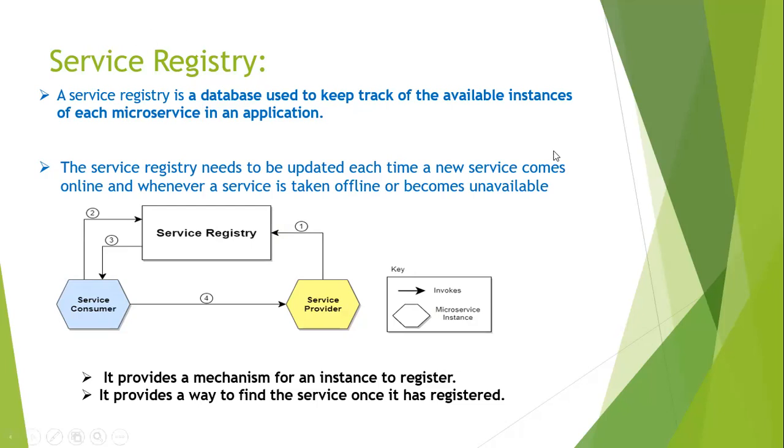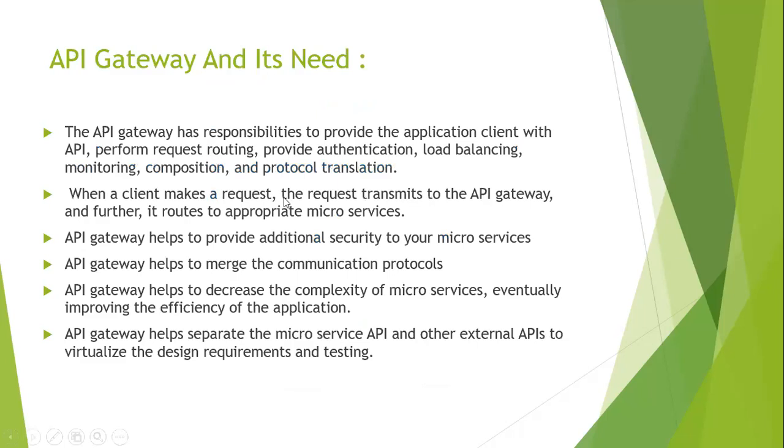Now we will discuss API gateway. What is the importance of API gateway in microservices and why is it required? Normally, when a client makes a request, as we already saw in the previous architecture diagram, we get the request from the user.